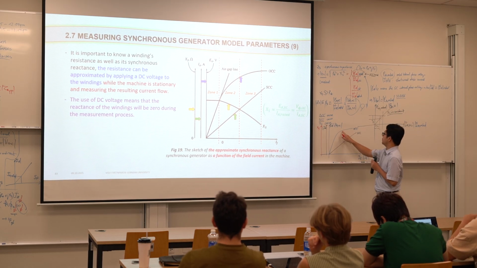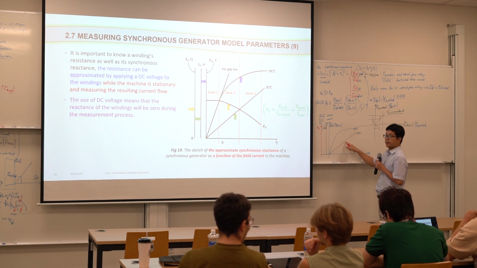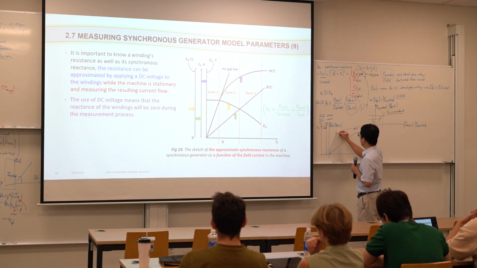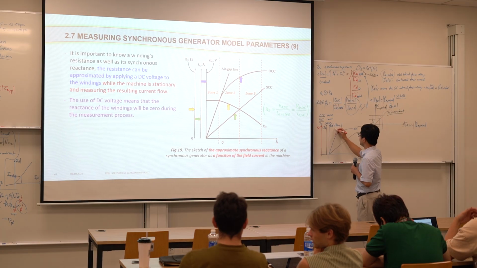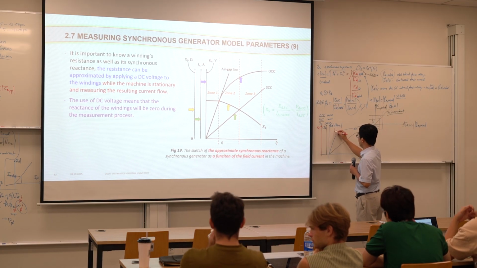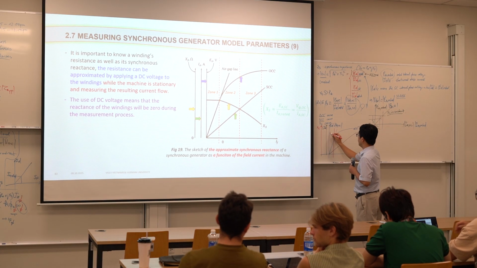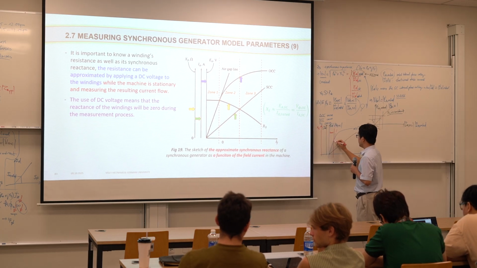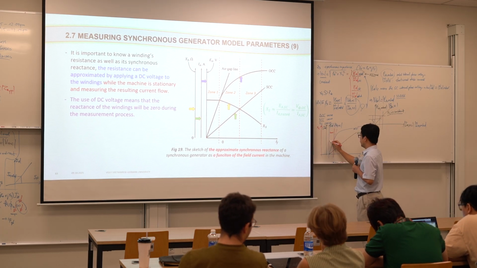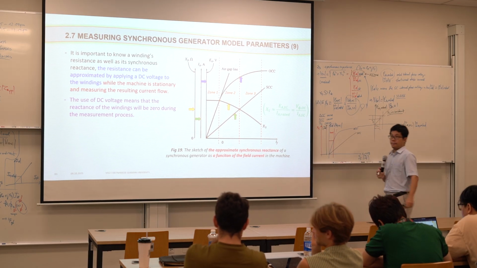That means this value is divided by this value. This is linear, this is linear. So we have the first zone here, zone 1.